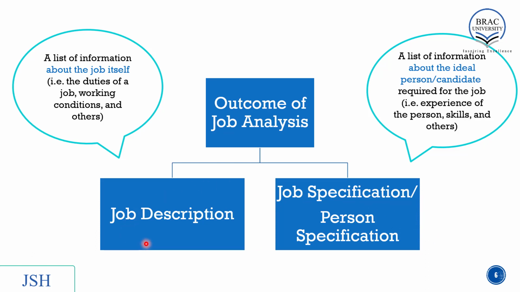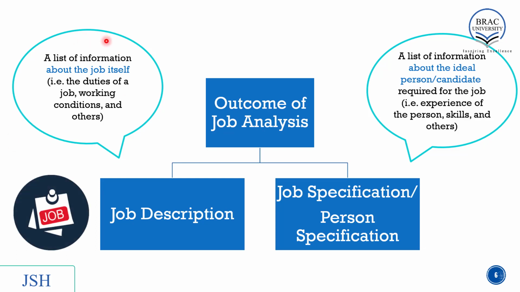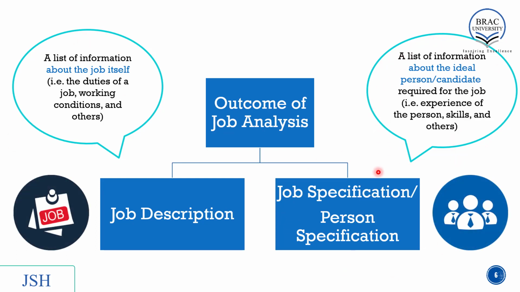So again, job description is the list of information about the job itself. On the other hand, job specification or person specification is a list of information about the ideal person or candidate required for the job. In short, one of them explains the job and the other one explains the person who is going to do the job.